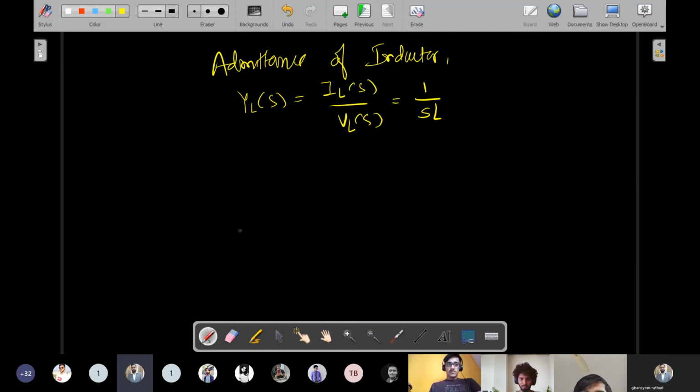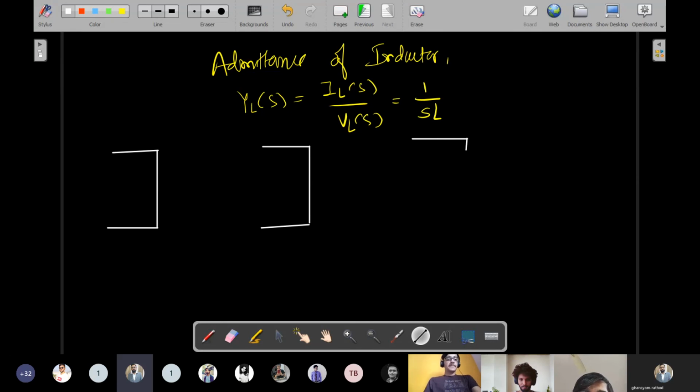So let me draw all of this. When you convert that element, you convert it into a transform impedance and a transform admittance circuit. I'm drawing three forms of that element: first in the time domain, then the transform impedance and transform admittance.